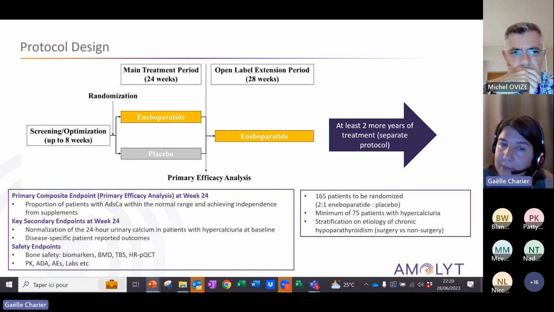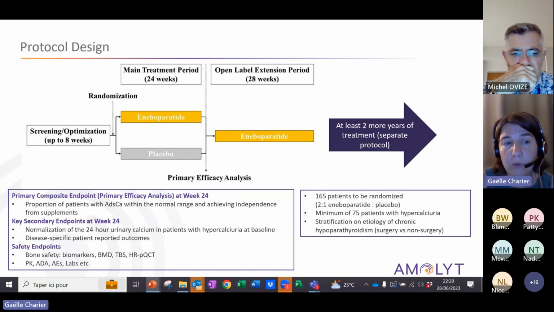So what do we do in this primary analysis? We are going to assess the proportion of patients which have their albumin-adjusted serum calcium within their normal range and with independence from supplements. Then as Michel mentioned, we believe our drug has a strong effect also on urinary calcium, and in particular in patients with hypercalciuria.